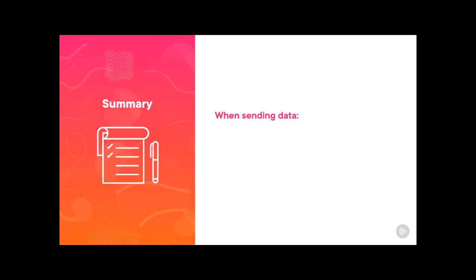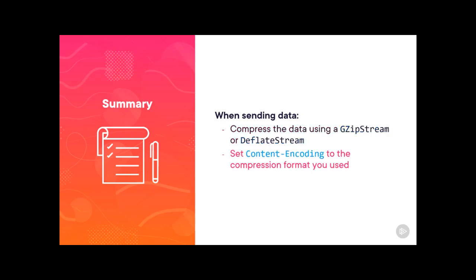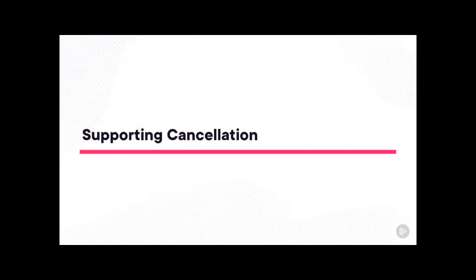To compress a request body, we can use compression algorithm specific stream classes like gzip stream or deflate stream. In such a case, we need to let the API know the compression format of the request body via the content encoding header.